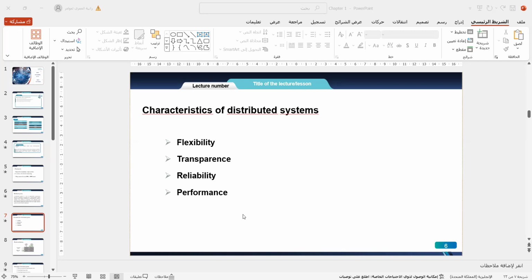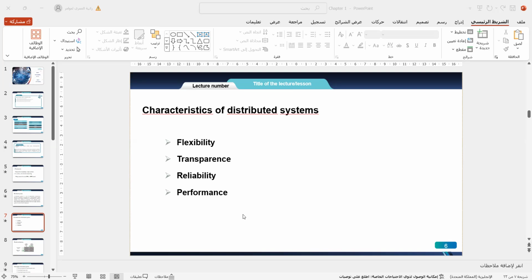For the transparency, the end user sees a distributed system as a single computational unit rather than as its underlying parts, allowing users to interact with a single logical device rather than being concerned with the system architecture.